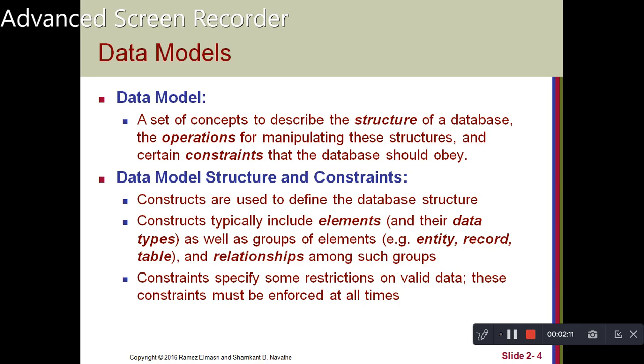Constraints specify some restrictions on valid data. These constraints must be enforced at all times. So what is a constraint? A constraint is a condition. You give some restriction on valid data, and these constraints must be enforced at all times.